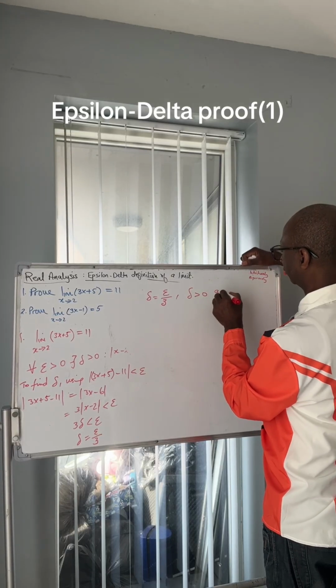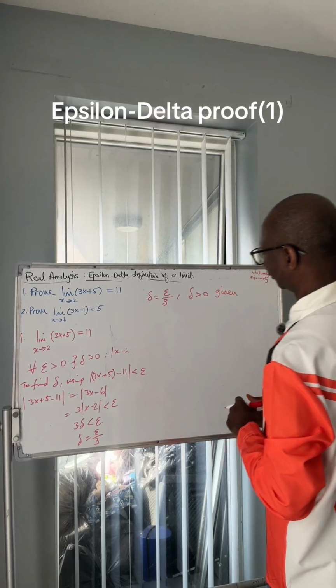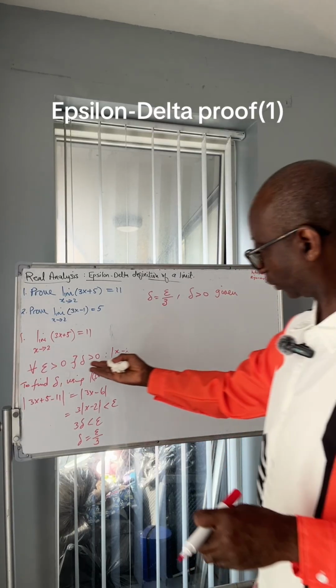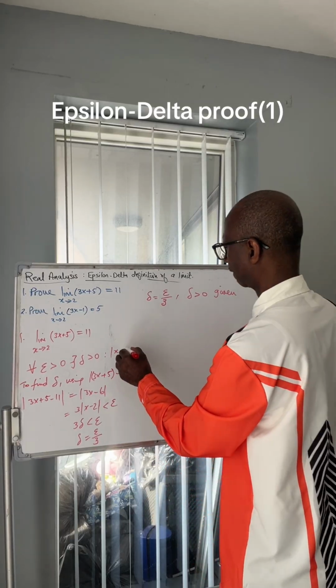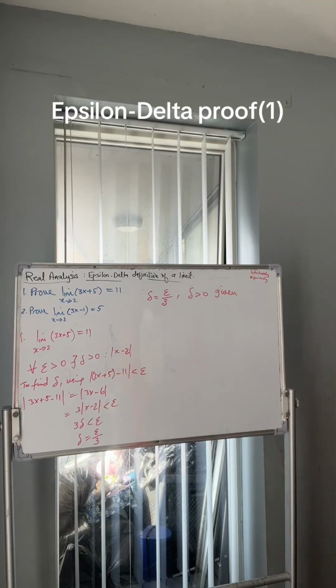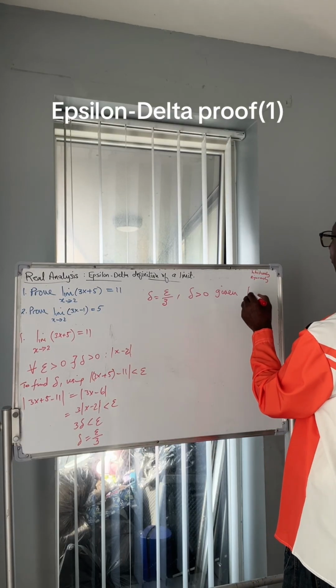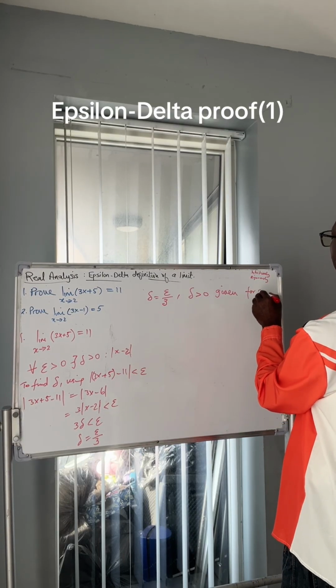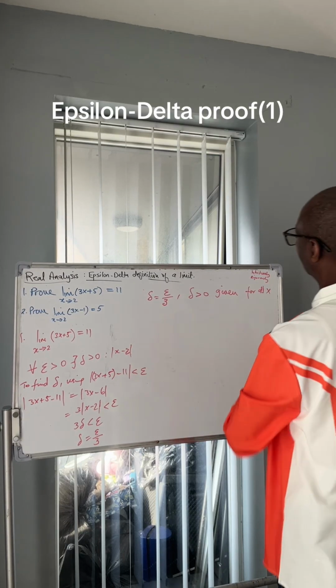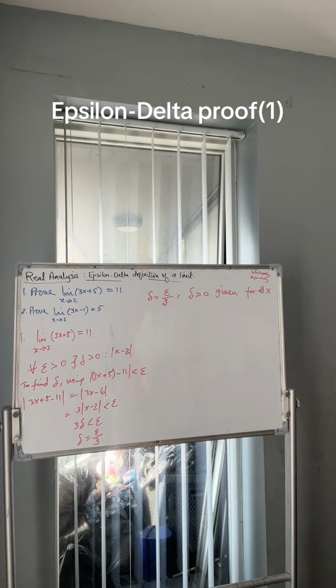This is given, right? It was given to us, delta is greater than 0, and now we have found the value of delta to be epsilon divided by 3. So then, for all x, for all x, right?